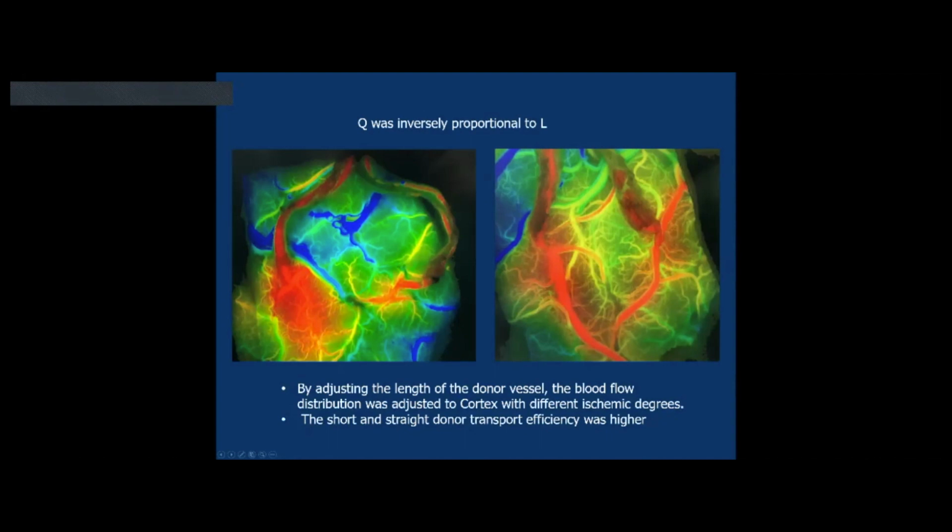In the right picture, we can also see the frontal lobe blood flow is larger than the temporal lobe. So the short and straight donor artery can transport more blood flow than the longer and curved ones.